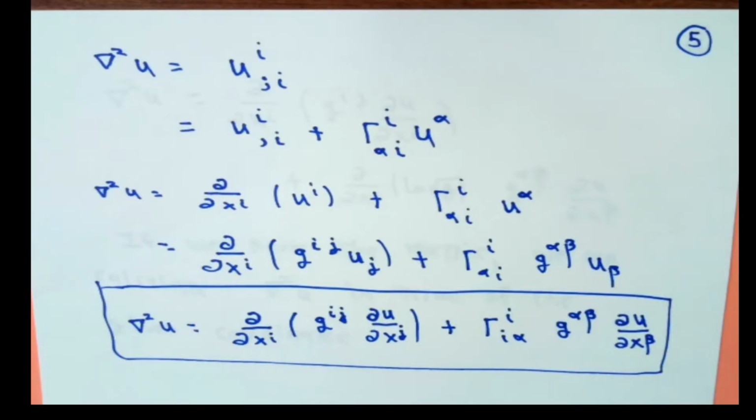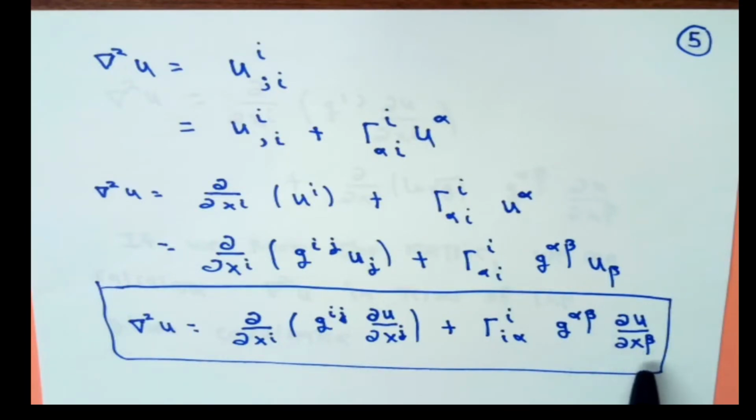Two things about this. Number one, for this piece, I only need to know the metric tensor in terms of whatever coordinates I'm using, and how to do partial derivatives of u with respect to variables, which we know how to do. In this piece, I have components of the metric tensor.